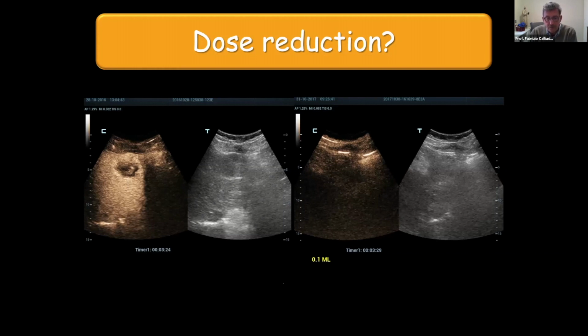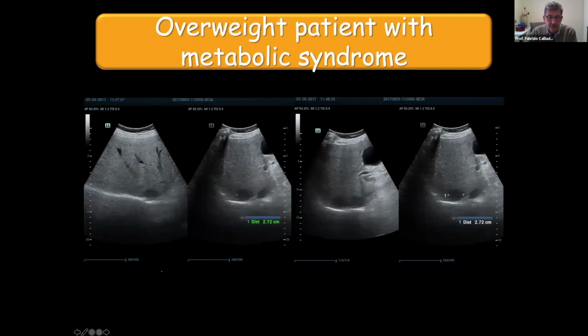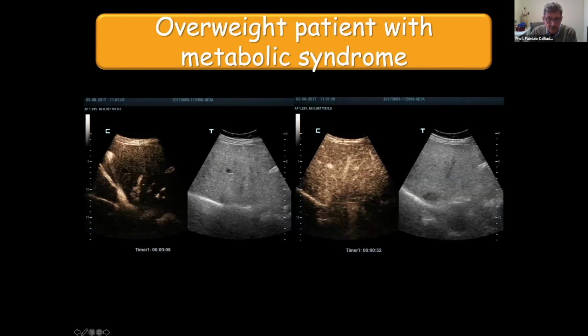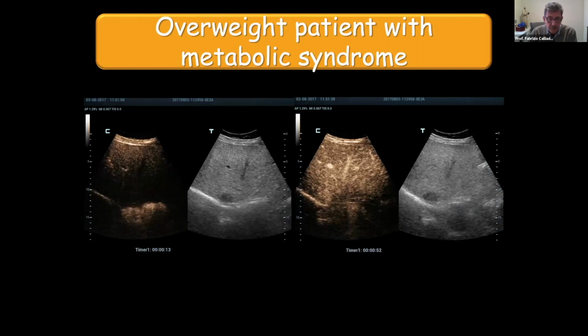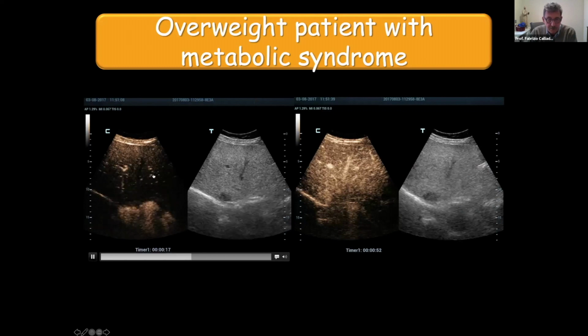But we look at different cases. This is an overweight patient with metabolic syndrome, and this is a lesion about 10 centimeters deep near the diaphragm. And this is B-mode, and this is contrast. Look, the lesion is taking up the contrast here, but only a small amount of contrast is inside the liver.